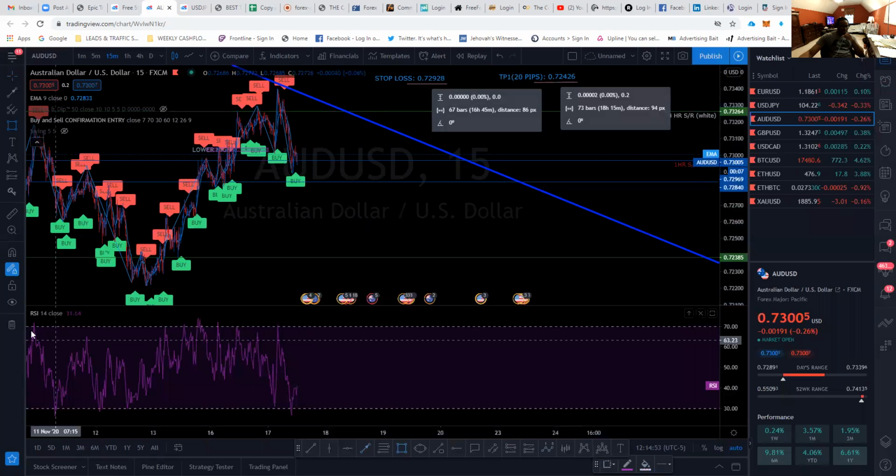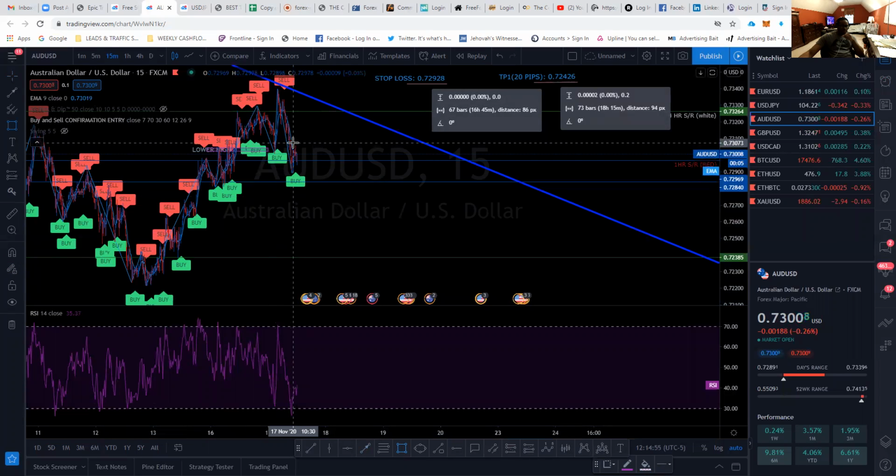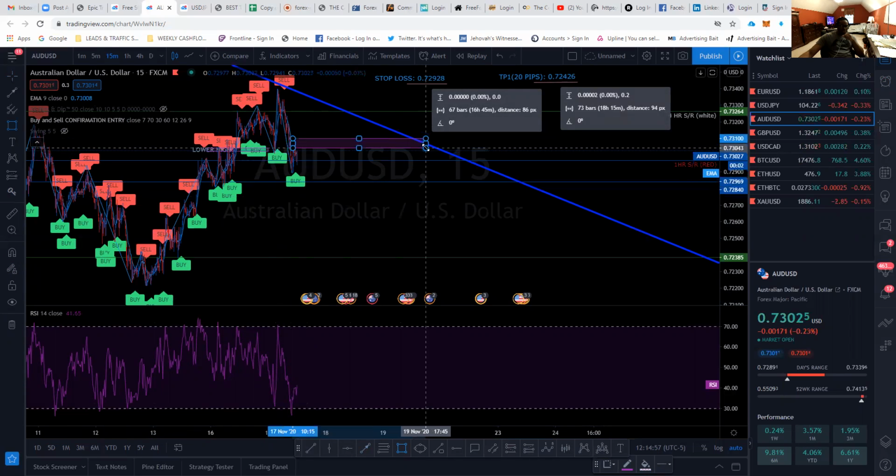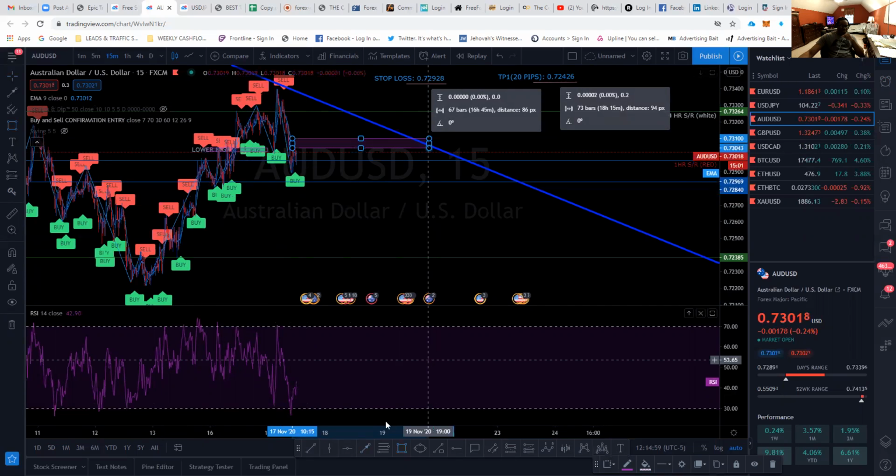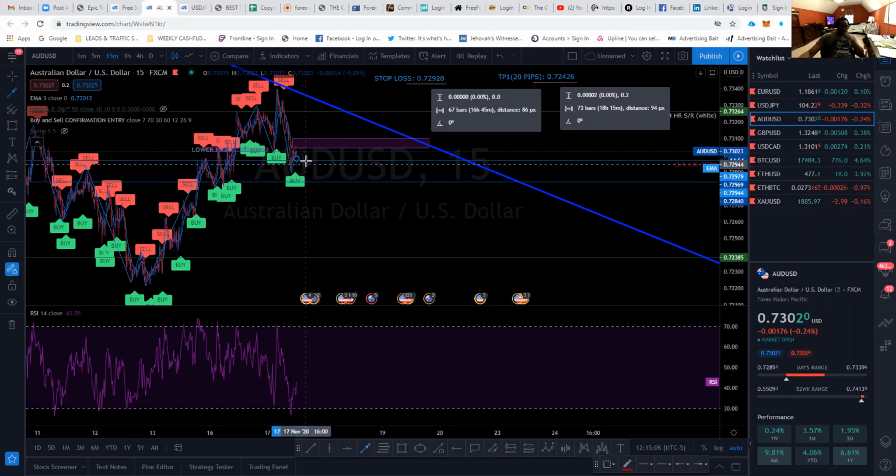Actually, let me turn this off. I'm looking for price to hit this resistance here. And I'm looking for it to do exactly this on AU. Go down, boom, boom, boom.